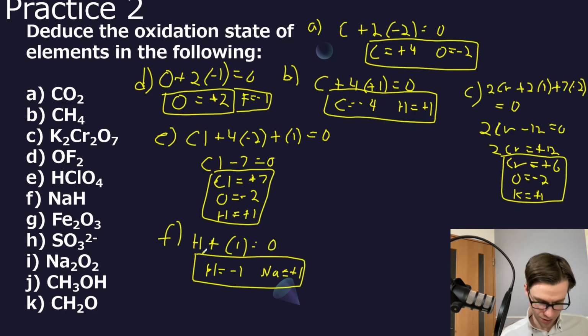Okay, let's go G, Fe2O3. Fe we'll choose as the unknown. Oxygen's going to go minus 2. 2Fe plus 3 times minus 2 equals 0.